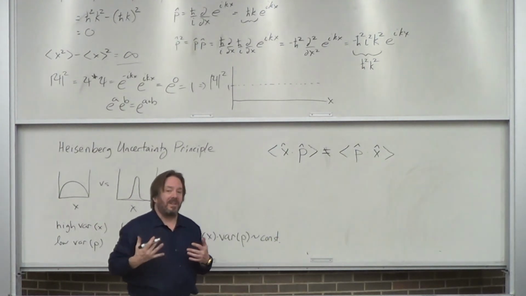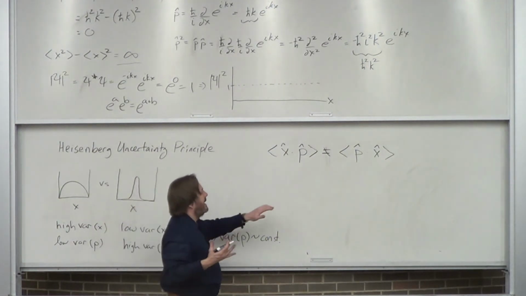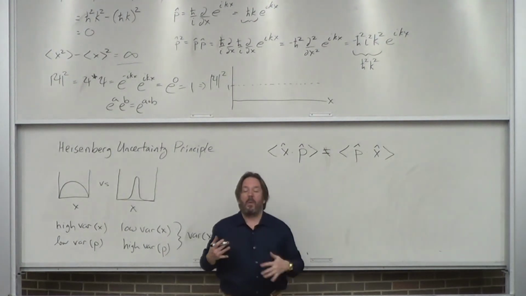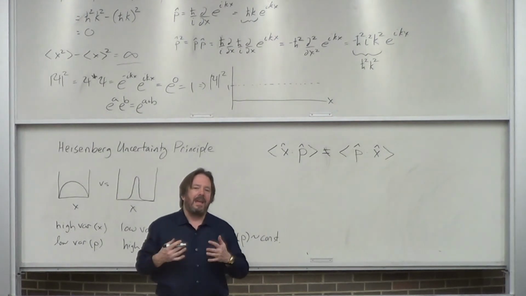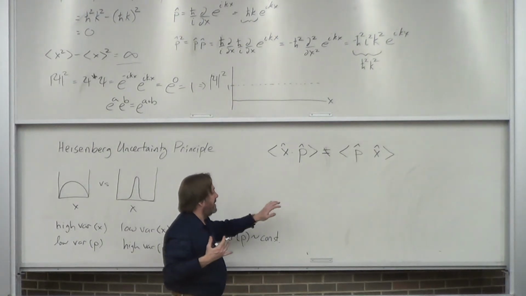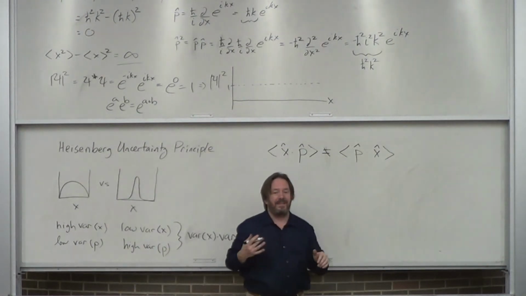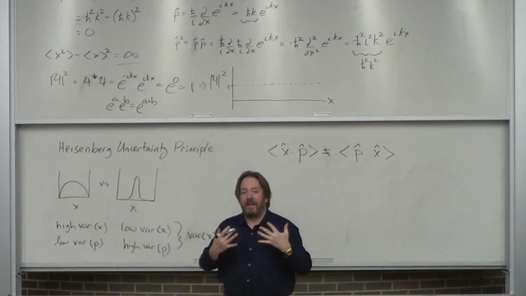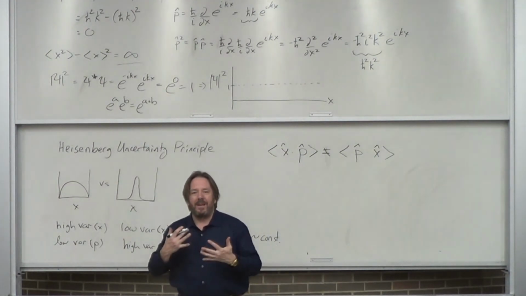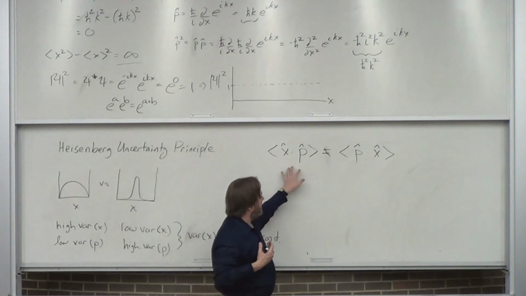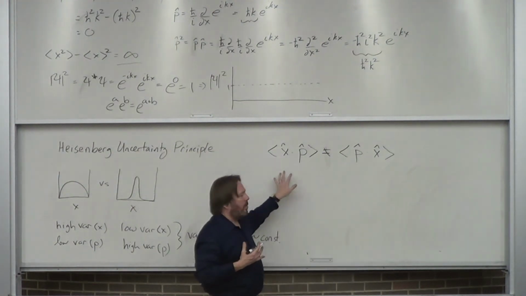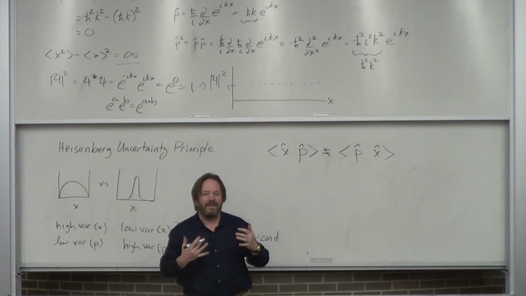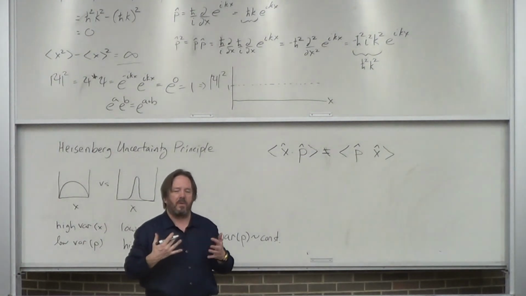The Heisenberg uncertainty principle says these are not the same. So it does matter which one you do first or which one you do second. Now, the implications of that are, because it shouldn't matter, but it does, that means you can never really know. It doesn't matter to me whether I measure position or momentum first.